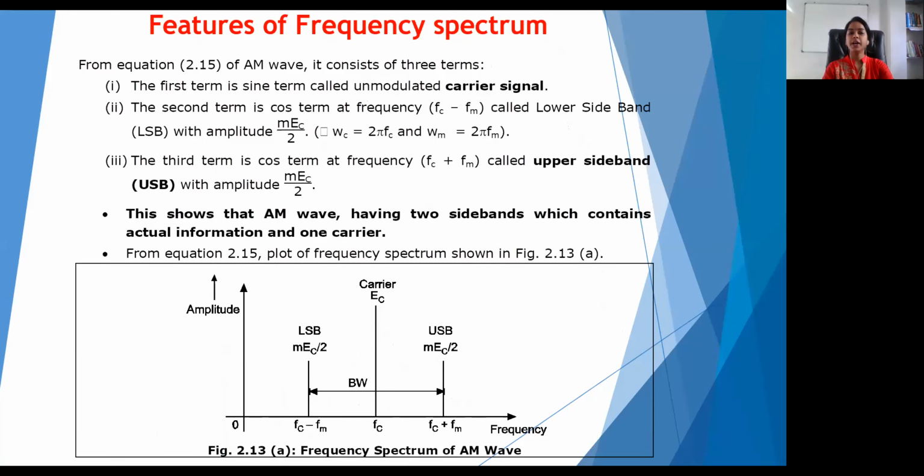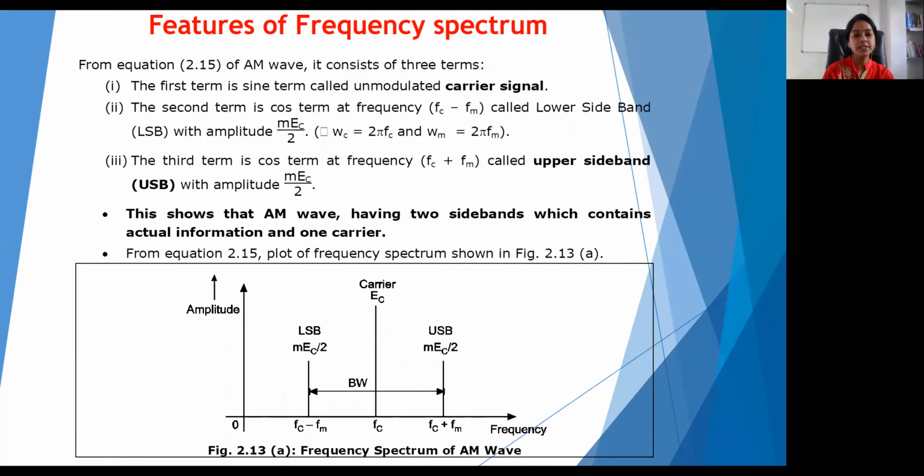We will see what are the features of this frequency spectrum wave, which we have seen as the resultant amplitude modulated wave frequency spectrum, what are the terms related to it, what things are inbuilt in it, what is hidden in it that we have to find out, and what terms we have to derive.